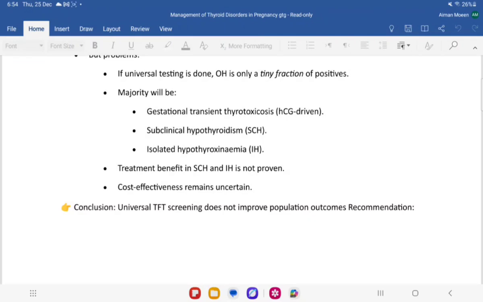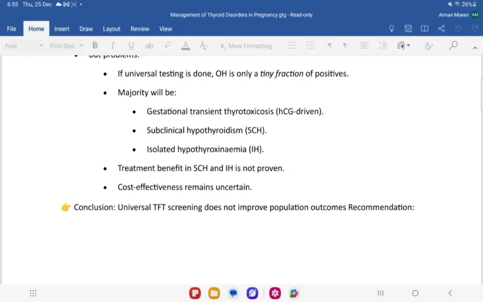These women require treatment, but a large majority of the women who would be diagnosed are either subclinical or isolated hypothyroxinemia. In subclinical, certain women will not require thyroxine during the pregnancy when this condition is diagnosed. We will be talking about subclinical hypothyroidism in a while so that the concept is more clear.